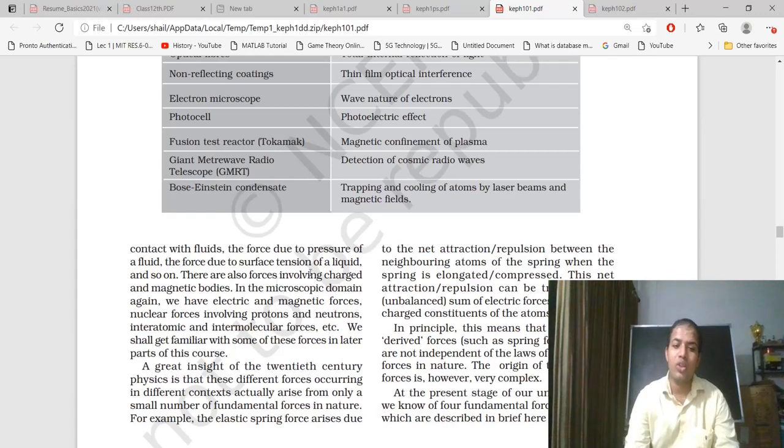There are also forces involving charged and magnetic bodies. In the microscopic domain, again, we have electric and magnetic forces, nuclear forces involving protons and neutrons, interatomic and intermolecular forces, etc. We shall get familiar with some of these forces in later parts of this course.